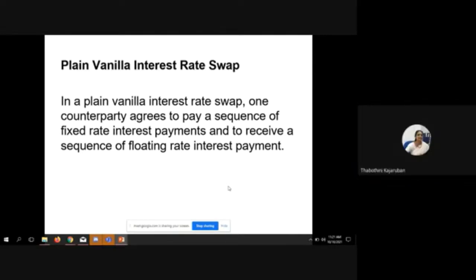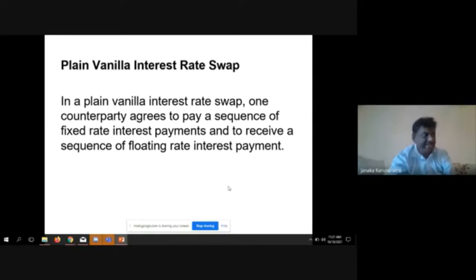When the interest rate goes up, we have to pay the fixed rate on deposits. On the other way, if the interest rates come down, we have to pay the higher rate to the deposits, and we receive a lower rate from the asset.